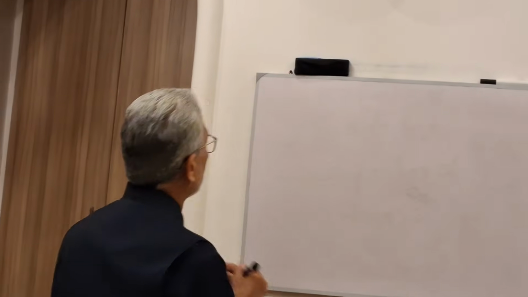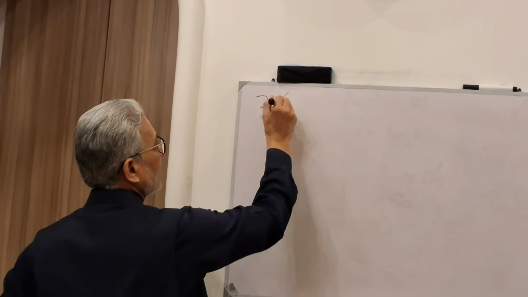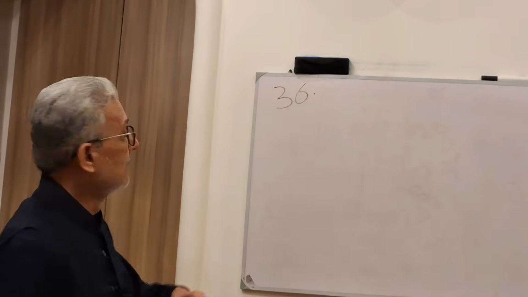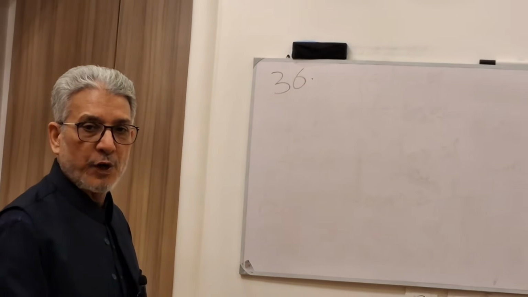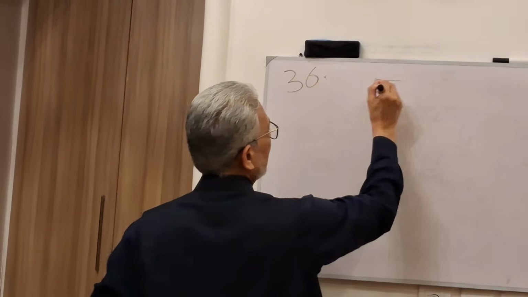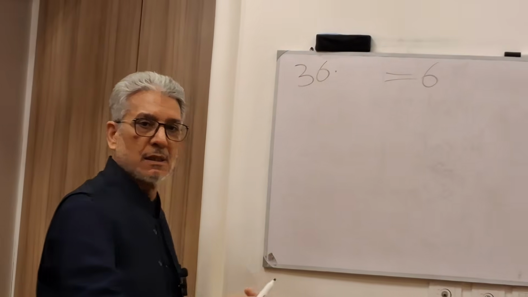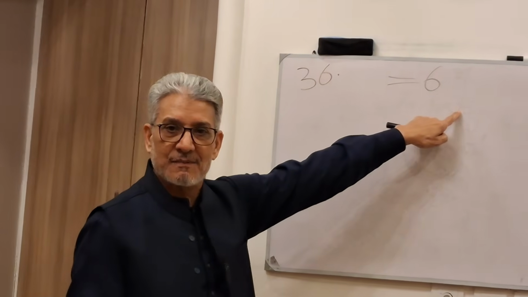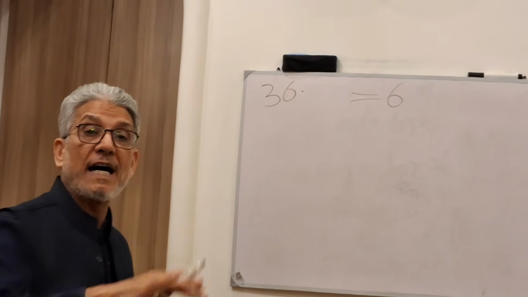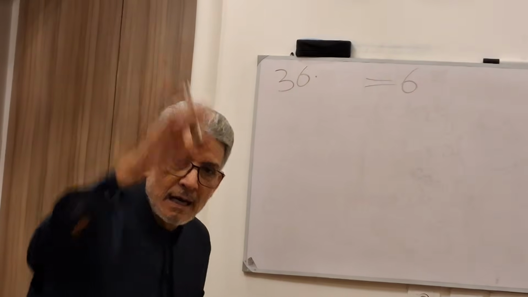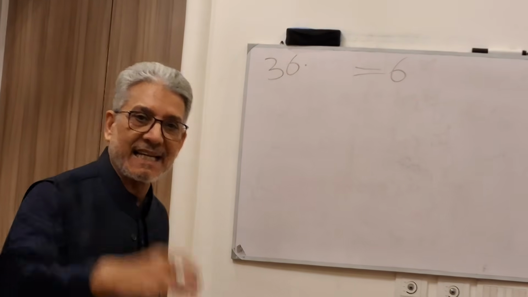Okay? Now, 36. What is the square root of 36? That is 6. 6 into 6. Square root of 36 is 6. Now, you find out the factors below 6.